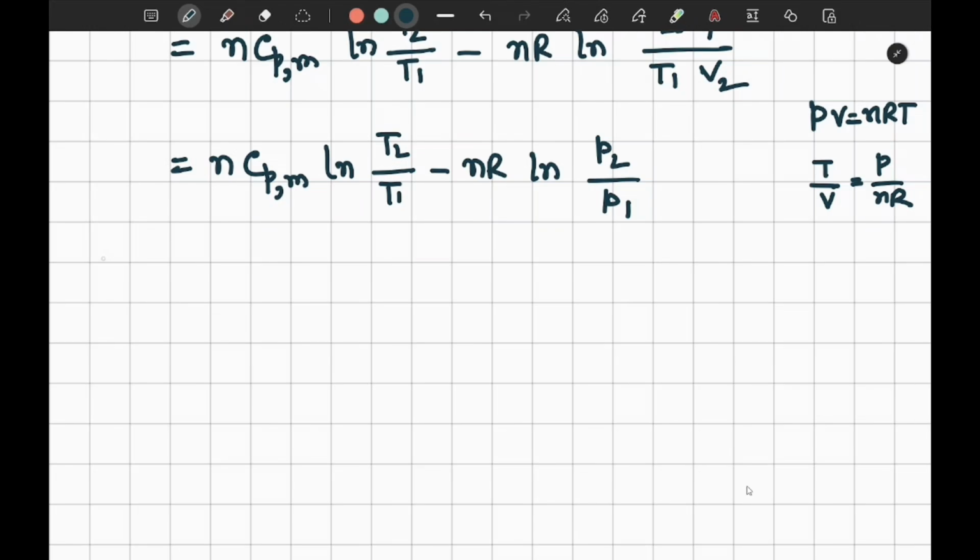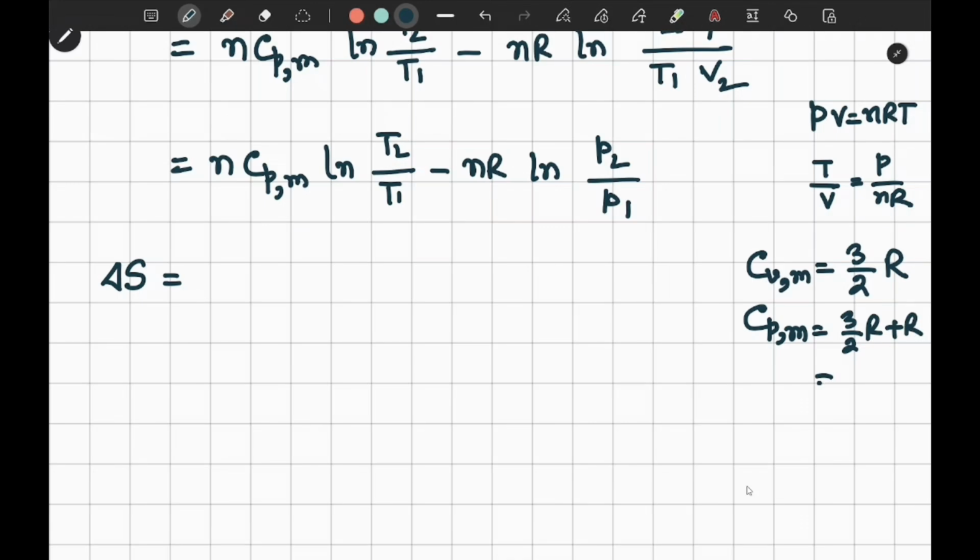It's clear. So del S. What will be the CPM? Now we have to calculate CPM. For argon gas, you have already calculated in the last question. CVM was 3 by 2 R. So CPM will be 3 by 2 R plus R. It will be 5 by 2 R. So N into 5 by 2 R ln T2 by T1. What is T2 by T1?